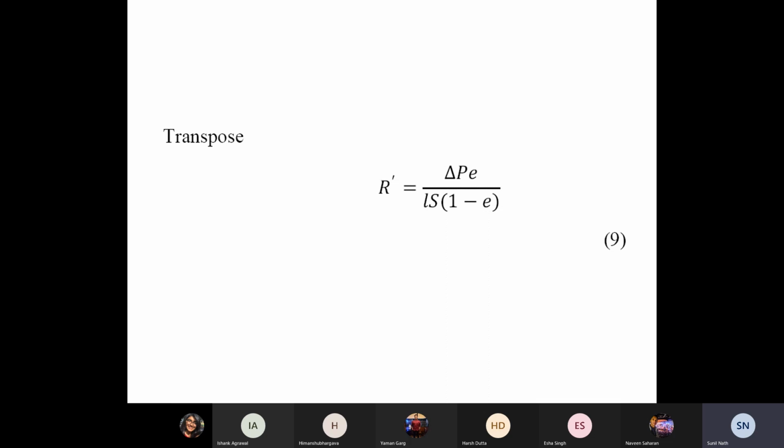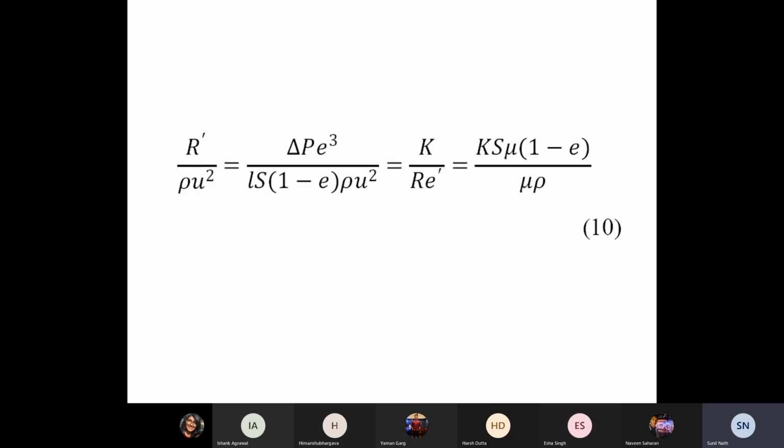So now if I take R1 prime and divide through by the kinetic energy, just like we did for the drag force earlier, what we will get is R prime upon rho. I have removed the prime in the u here; I should have retained it, but it doesn't matter, as long as you understand that the u in the denominator of the left-hand side of the equation is the mean velocity through the bed of solids.